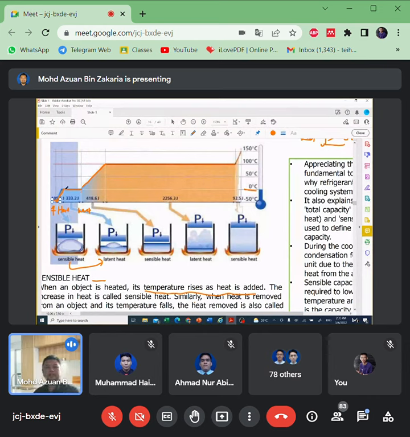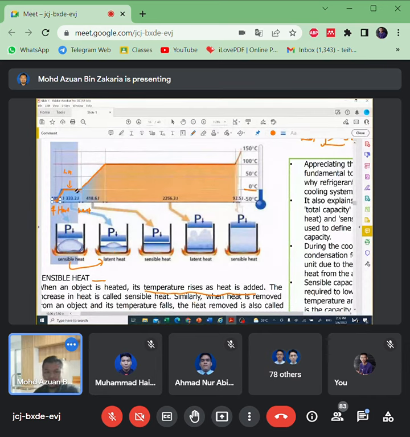What happened at this temperature is the ice melts from solid to liquid. So there is a change of form from ice to liquid. This is latent heat, energy that is used to change the phase. Okay, no problem.